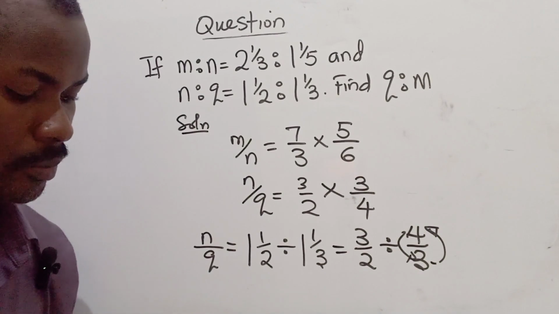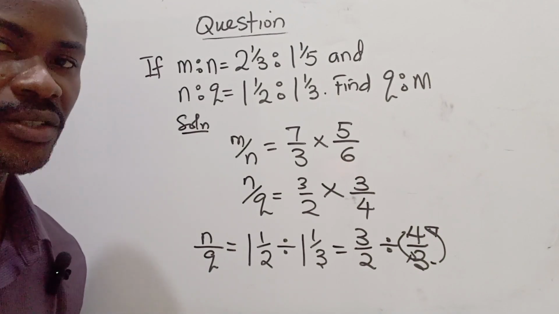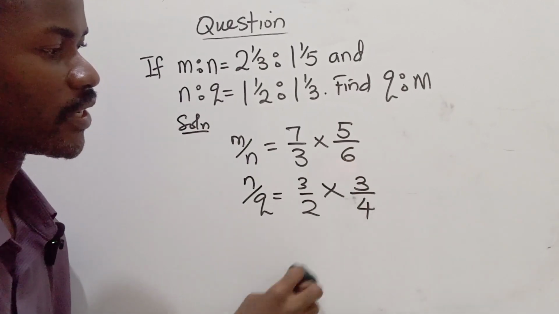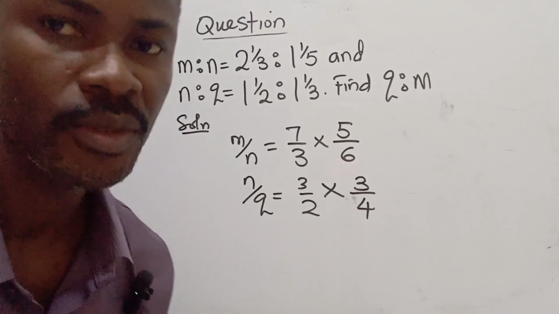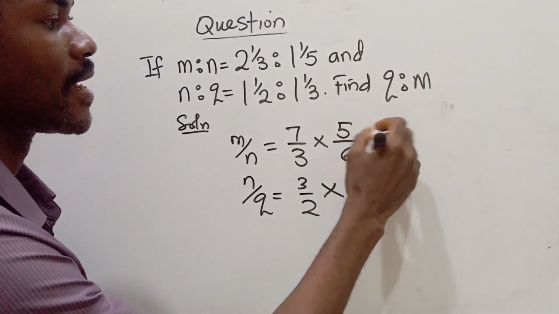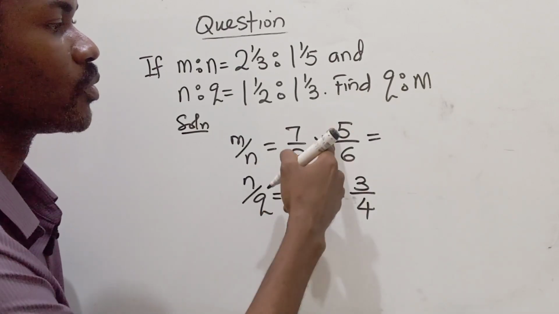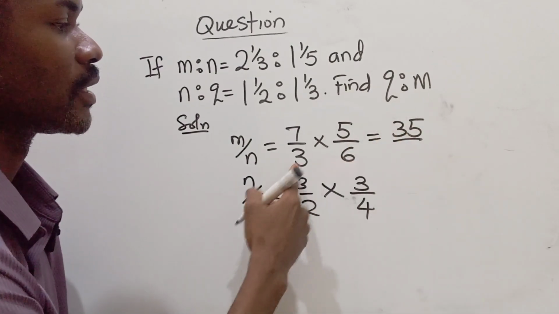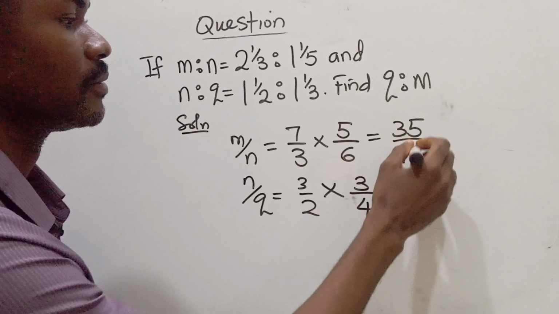So remember, when you're solving fractions, you always reciprocate the right hand side fraction. So from this, we now have 7 times 5 here is 35 over 3 times 6 here is 18.